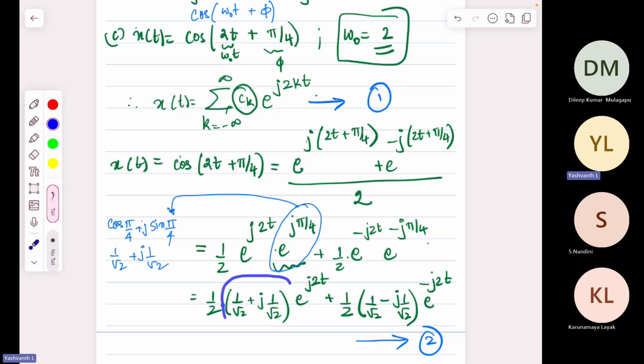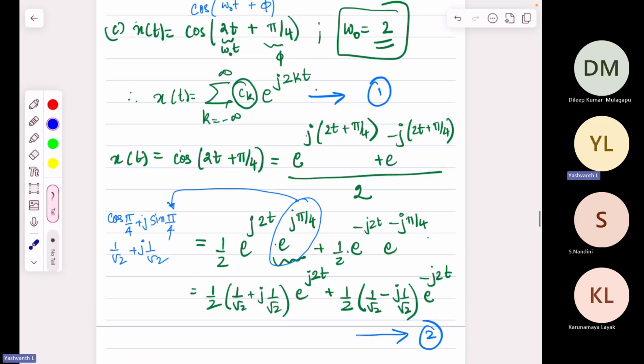That's where I wrote 1 by root 2 plus j times 1 by root 2, and e power j 2t remains the same. Plus half into e power minus j pi by 4 into e power minus j 2t. If it is e power minus j pi by 4, this plus j will become minus j. So here you will get 1 by root 2 minus j times 1 by root 2. That's why there's a minus here, times e power minus j 2t.